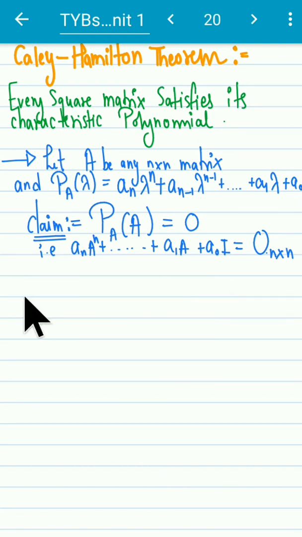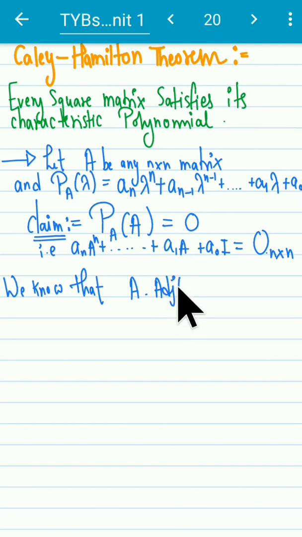Now I will start the actual proof. We know that A into adjoint of A is nothing but, as we just wrote, determinant of A times the identity, which is n cross n.